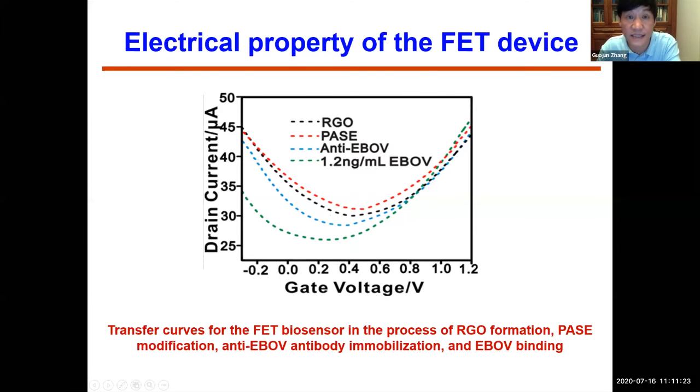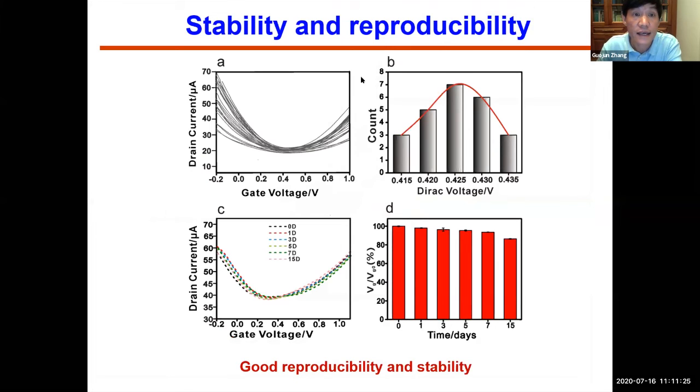So this means the functionalization process is successful. Stability and reproducibility work was also done. For example, in this work, we chose 24 devices, and the IV curves look very similar among the 24 devices, and the Dirac voltage is centered at 0.425 volts.